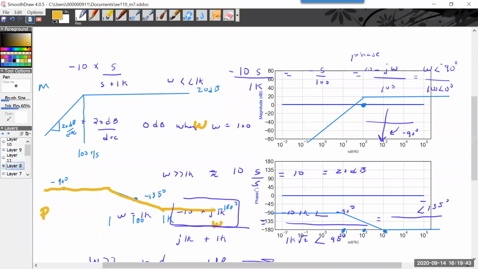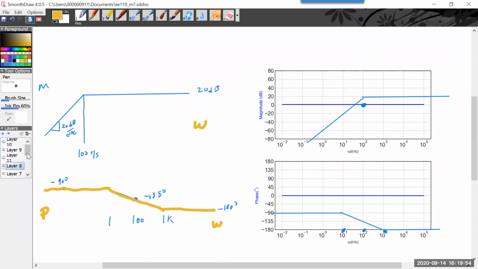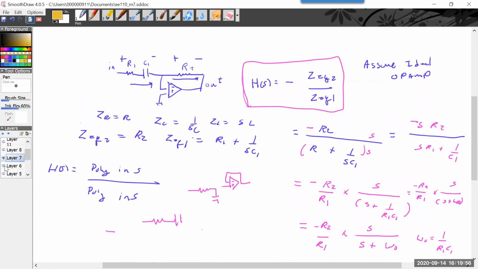So really, we have impedance, which for capacitors is 1 over SC, and resistances are resistances.